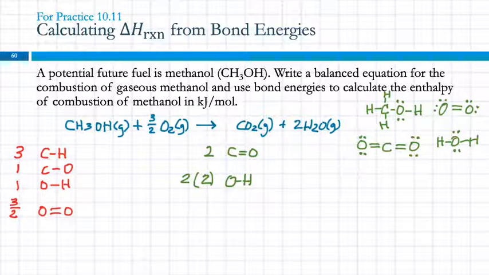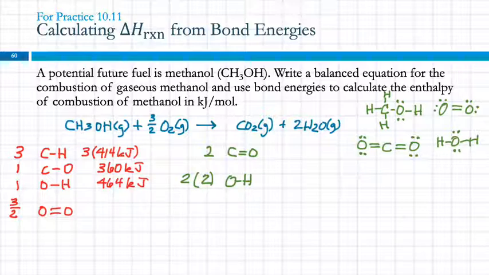So now I can go back over here, and 3 moles of carbon-hydrogen bonds. Each mole of them takes 414 kilojoules. And I have 1 mole of carbon-oxygen single bonds, so that's 360 kilojoules. And I have 1 mole of oxygen-hydrogen bonds, 464 kilojoules.